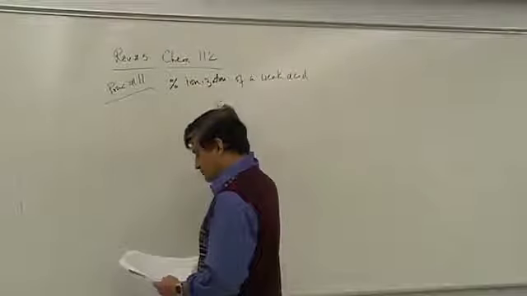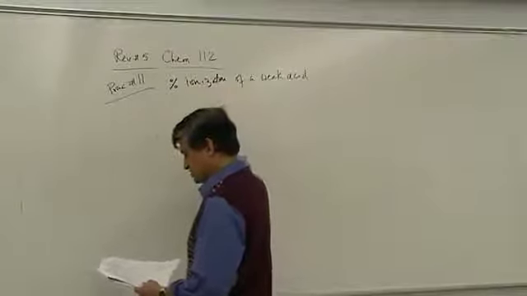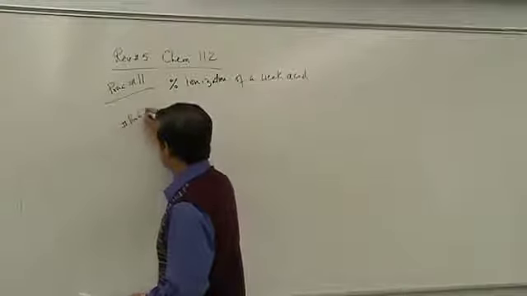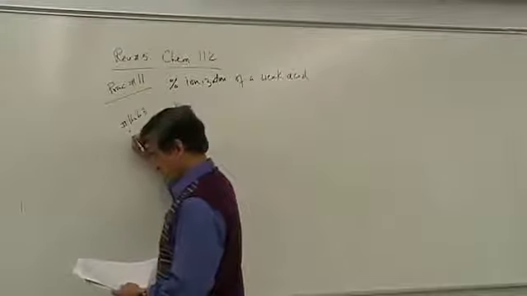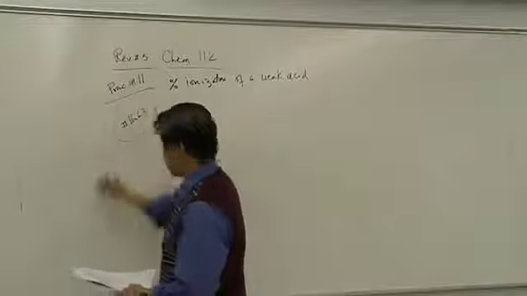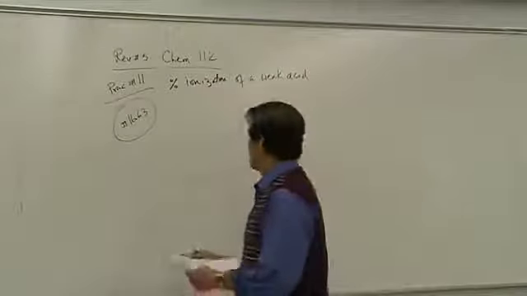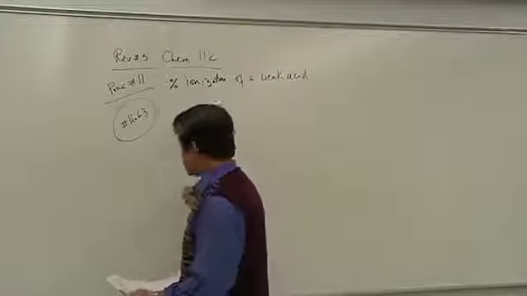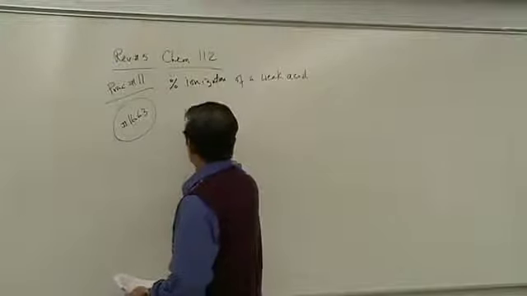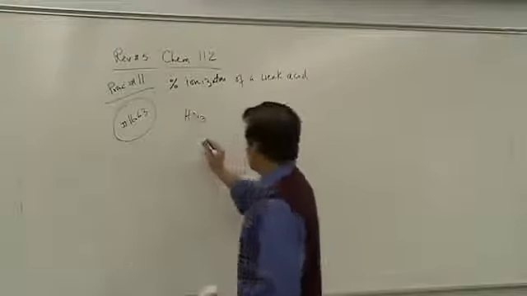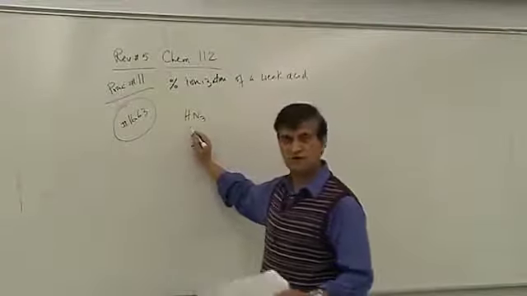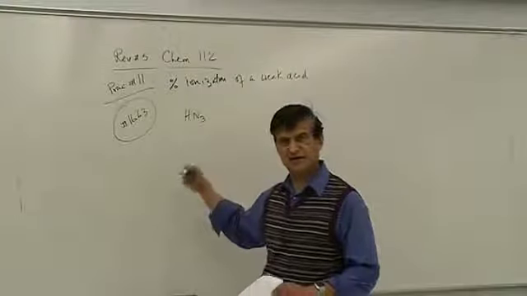And again, I picked this problem from the book, which is number 16.63, Brown and LeMay, 12th edition. Let me write down that compound. HN3. From the formula, you know that this is not a strong acid. It's not like one of those known acids like HCl, HBr, HI.